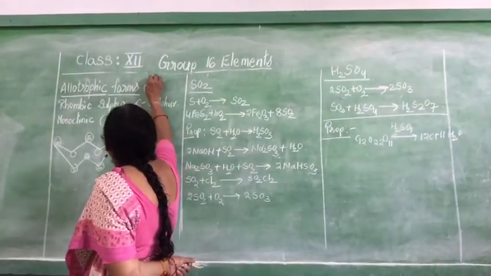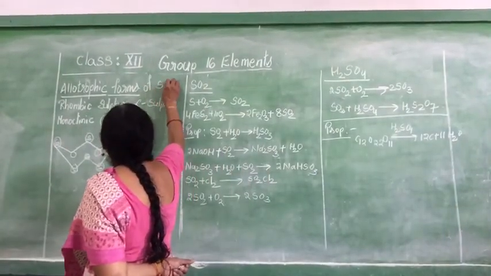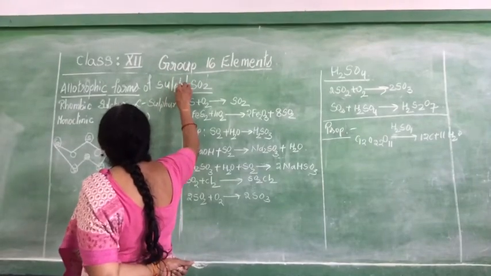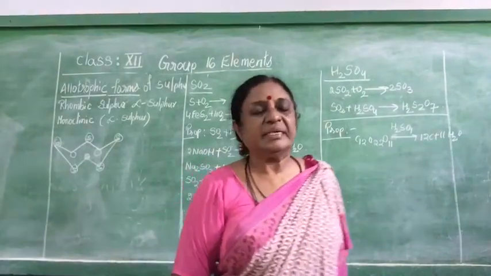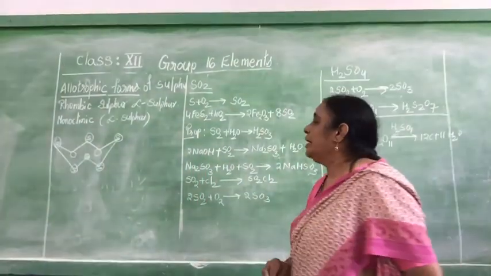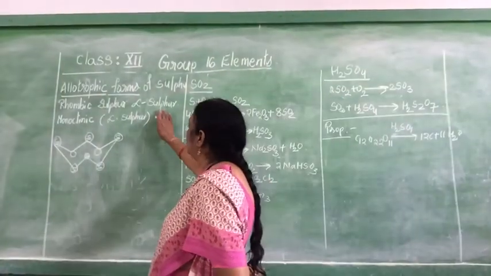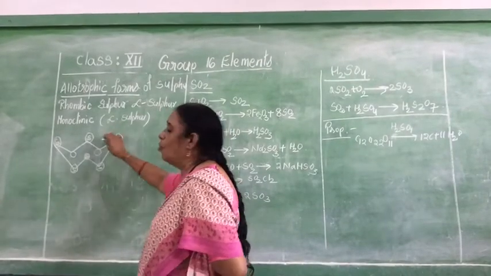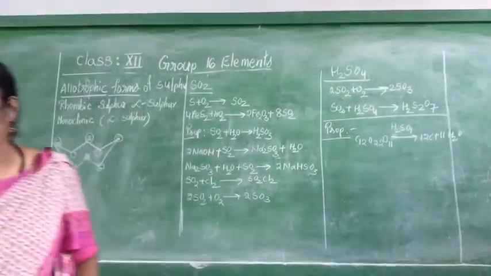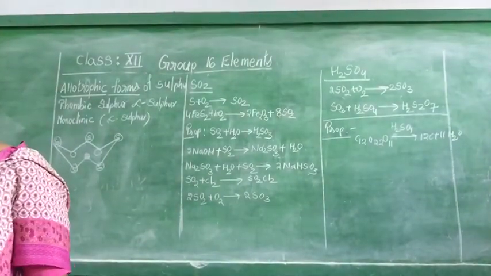Allotropic forms of sulfur. There are mainly two types, children. One is rhombic sulfur, represented by alpha sulfur. Rhombic sulfur is also known as alpha sulfur, and the other is monoclinic sulfur. What are allotropic forms?